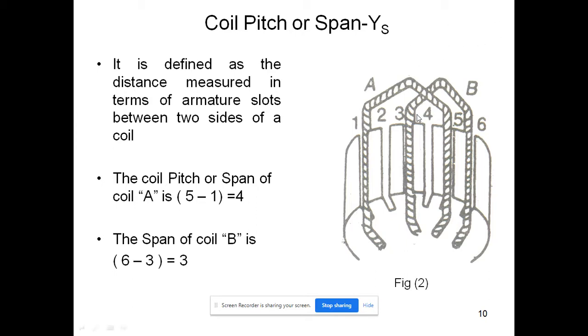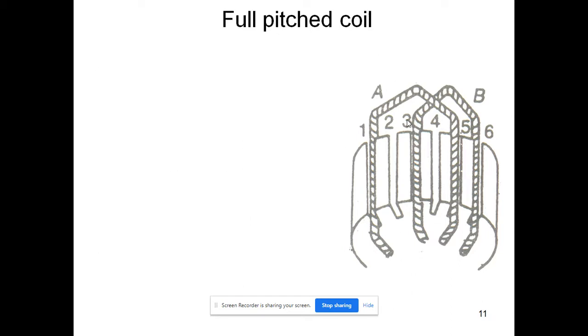Now what will be the span for this B conductor? The first conductor is in slot number 3 and the second conductor is in slot number 6. So the coil span or coil pitch for conductor B is 6 minus 3, which is equal to 3.